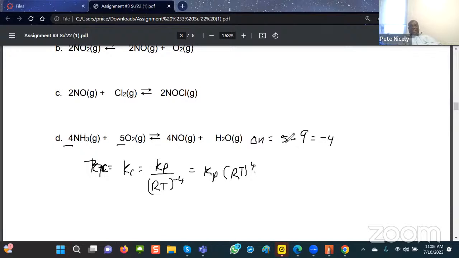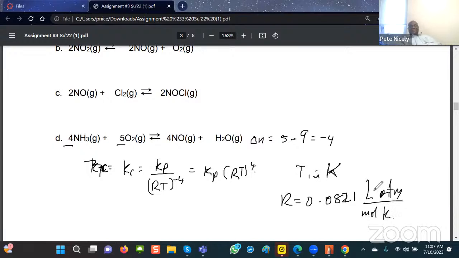Now, I think I mentioned it before, but it's worth mentioning again. The temperature must be in Kelvin. And the R value that you're going to use is 0.0821 liters atmospheres per mole Kelvin.